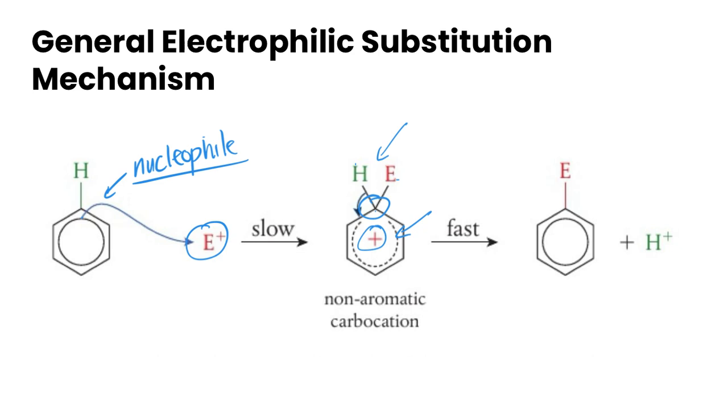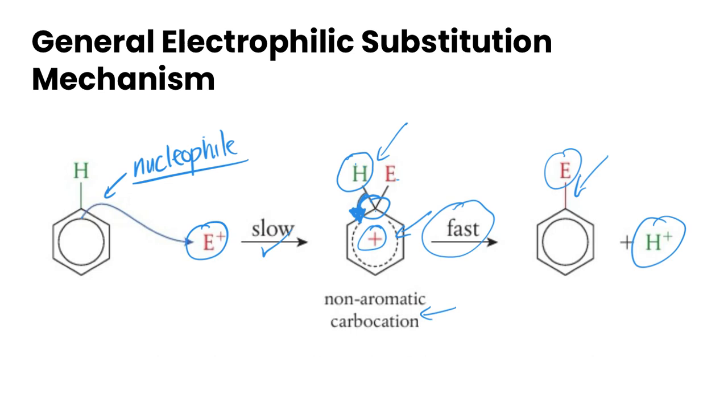So what happens is typically the catalyst will come and pick off this hydrogen atom here, which breaks the bond between the H and the carbon of the ring, drops the electrons back in the ring to create just our substituted benzene ring with the electrophile, and then an H plus as our other product. Okay, so very generalized. This first step is super slow because we're disrupting that delocalized pi system. And then the second step is fast because this is super, super unstable.